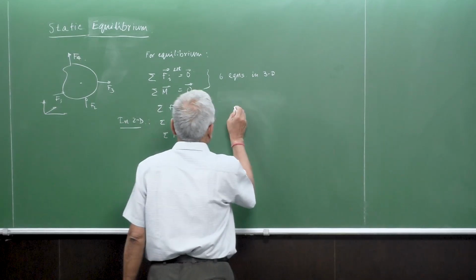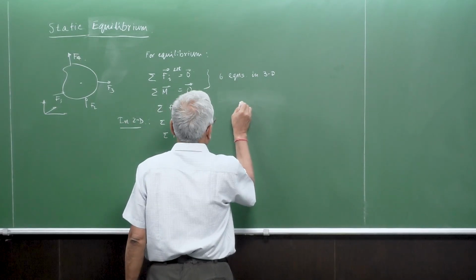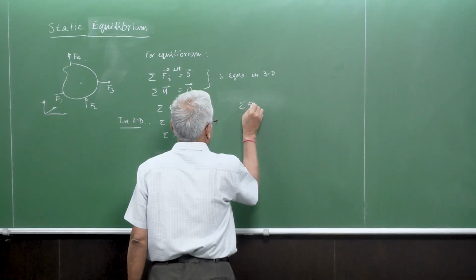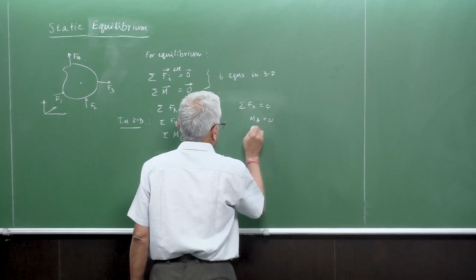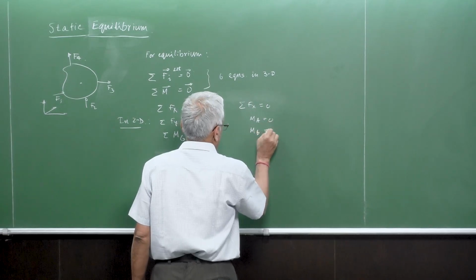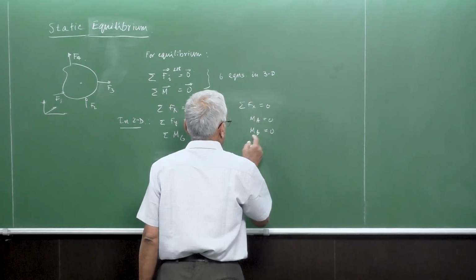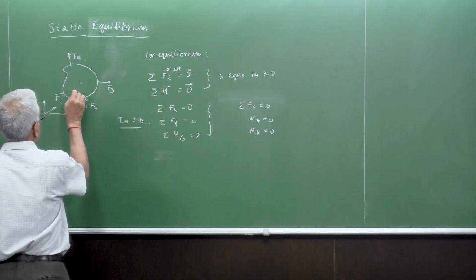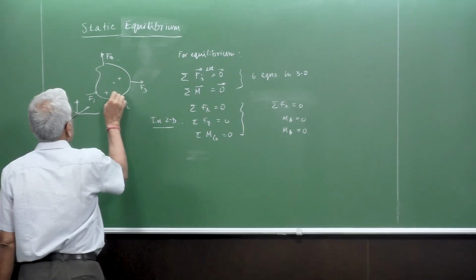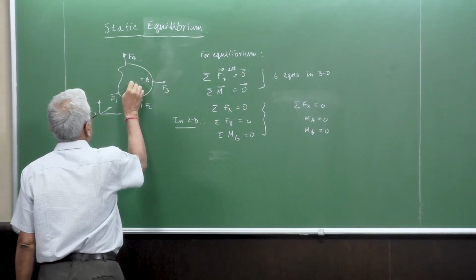This is also equivalent to saying sigma Fx is 0 and moment about points A and B is 0, where A and B can be any two arbitrary points.